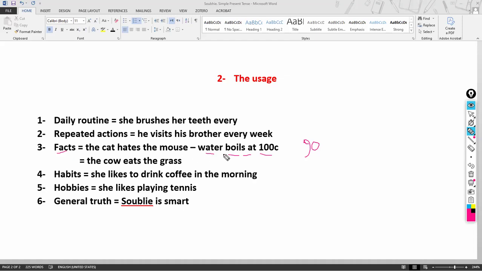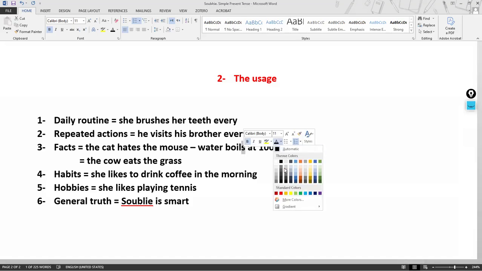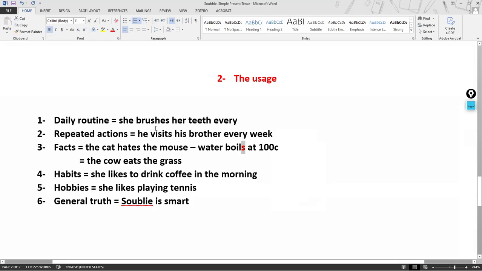Because it is a fact, I used it with simple present tense. I added S to the main verb. Here, because it is daily routine, I added ES to the main verb. And here, because it is a repeated action, I added S. But we add S only for he, she, it.